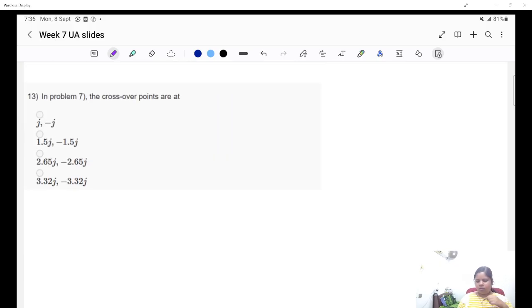So where are the crossover points for the same root locus? Let's put it in the characteristic equation and find out the values of omega and K. For crossover points, s is equal to j omega.